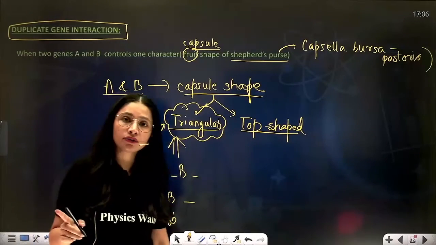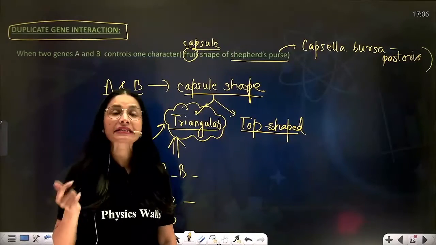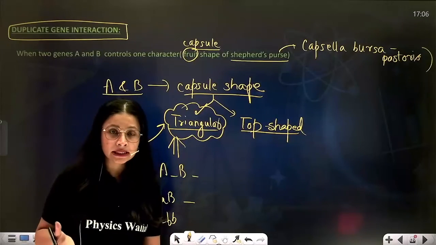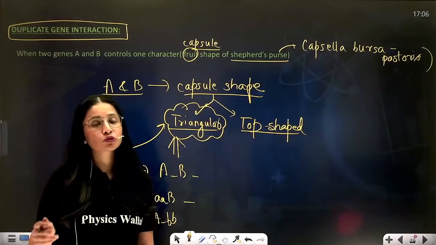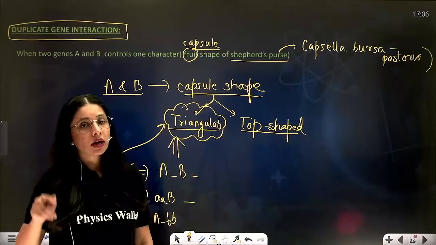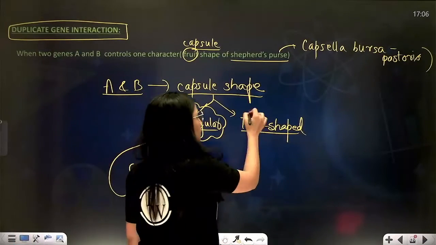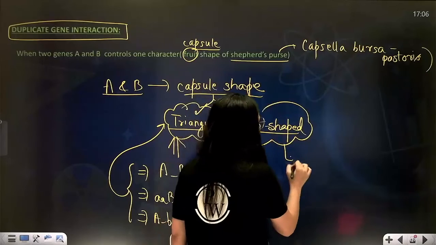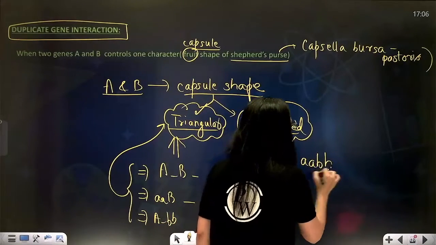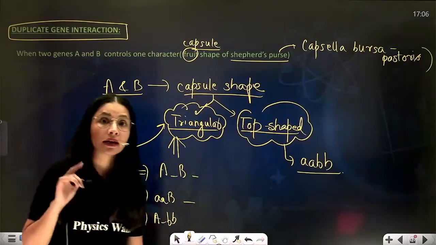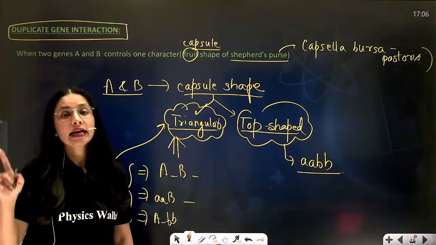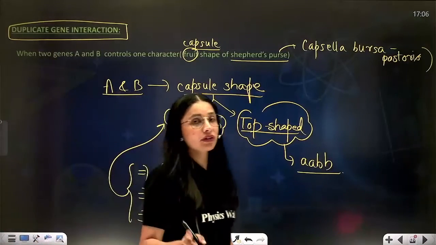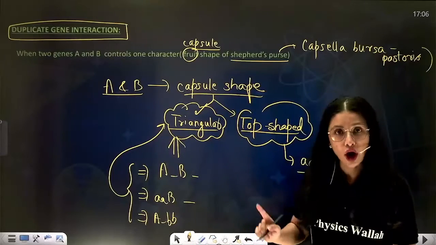Either one of the genes or both the genes, if they are present in their dominant state, the shape of the capsule will become triangular. The only condition to bring top shape is when both the genes are present in their recessive state. Then only the shape of the capsule will come top.